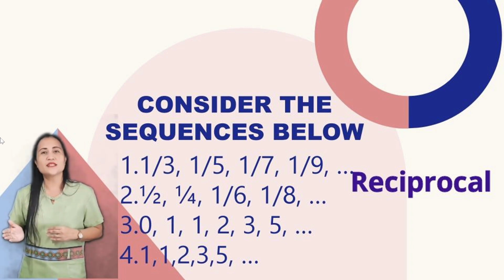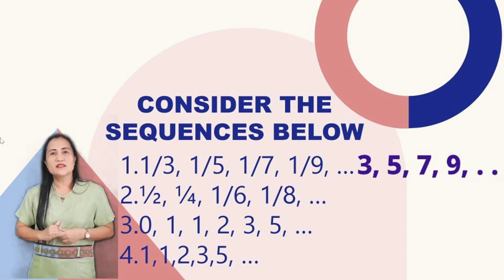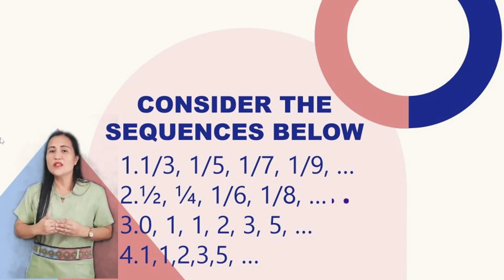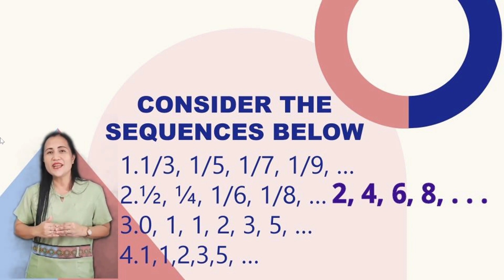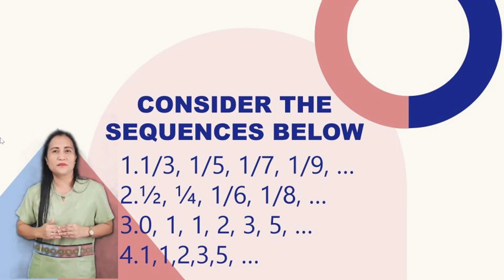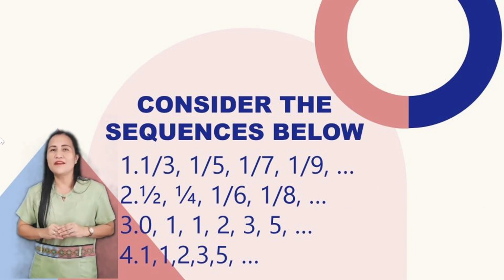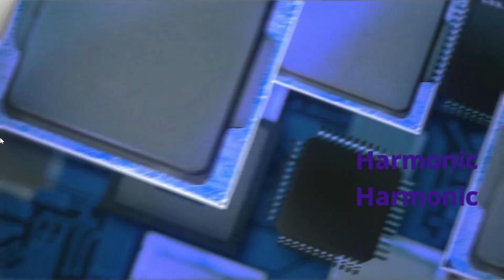We can have a sequence 3, 5, 7, and 9, which is an arithmetic sequence. The same goes for number 2, which is 2, 4, 6, and 8, also an arithmetic sequence. Actually, number 1 and number 2 are examples of a harmonic sequence.